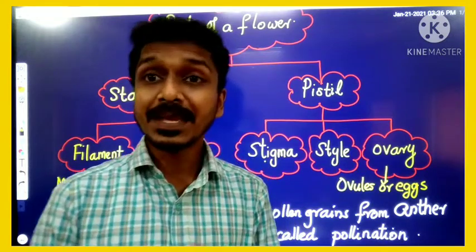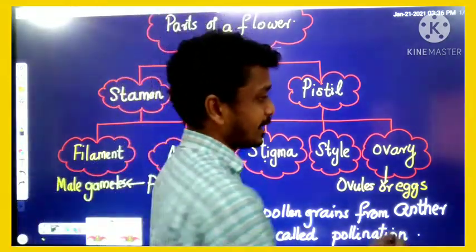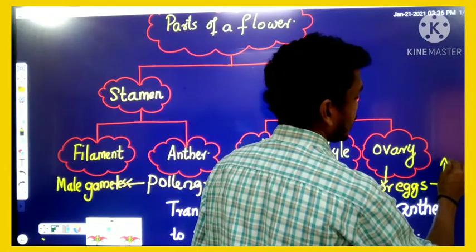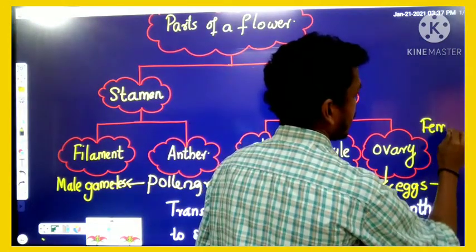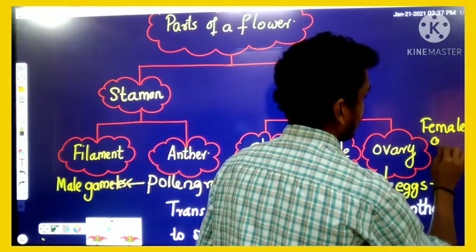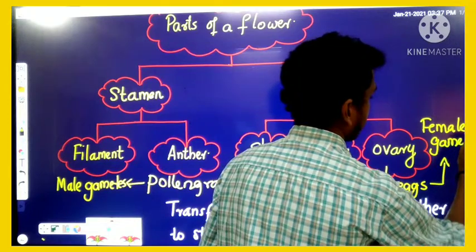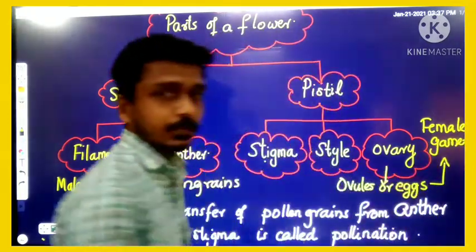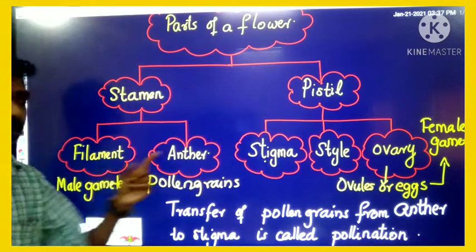Yes, very good, female gametes. Eggs, or ovules, contain female gametes, right? So male gametes are here and female gametes are here. We have learned that in our last class.